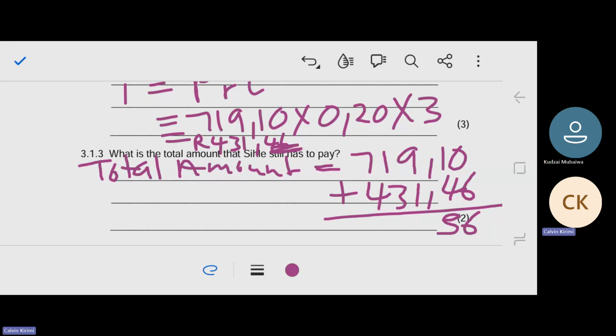Don't round off. You leave it in cents, rounded off to 2 decimals. Plus 10, 0 carry 1, 5. That one is 7. So 1,150.56.